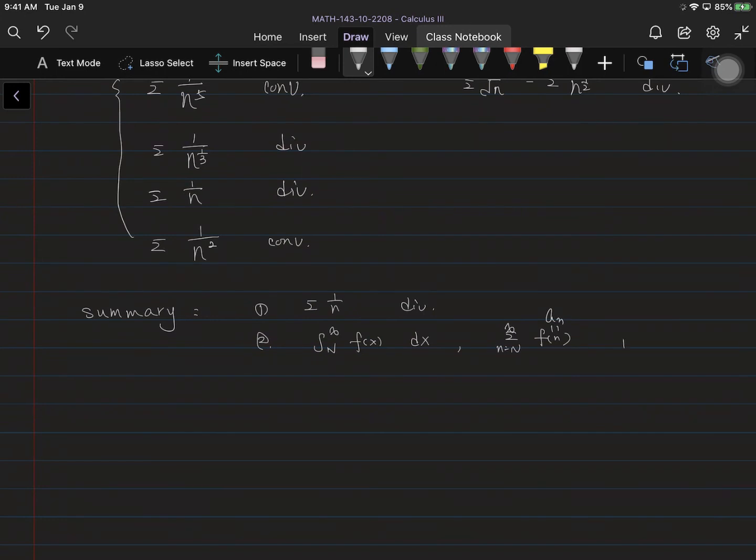This is called the integral test. And we did several examples. And the last thing, the p series: when p is greater than 1, it converges, and when p is less than or equal to 1, it diverges. Okay, three things. We can stop here.